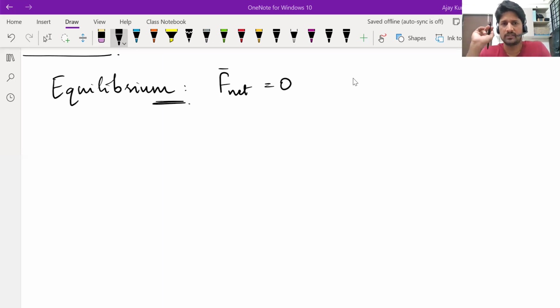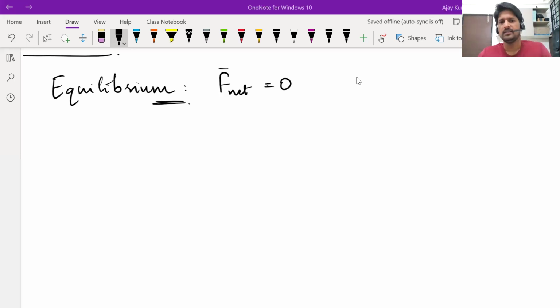What about moving objects? Can a moving object be in equilibrium? Yes, sir. How should it be moving? With constant velocity. Correct.